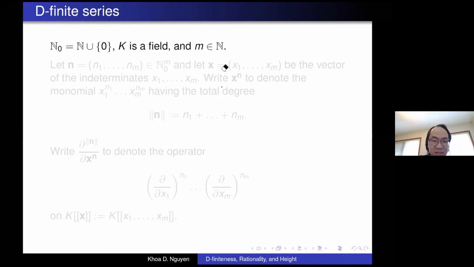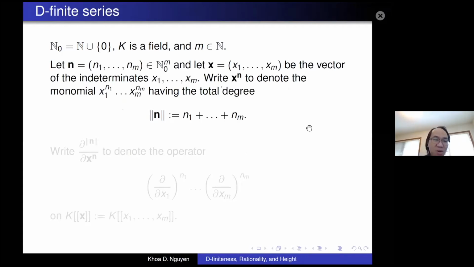We consider the bolded n, a tuple n1, and so on, up to nm. And the vector x is a vector of indeterminates x1, up to xm. I'll write x to the n to denote the monomial x1 to the n1, and so on, xm to the nm. And the norm of n is the sum of the ni, so it's the total degree.